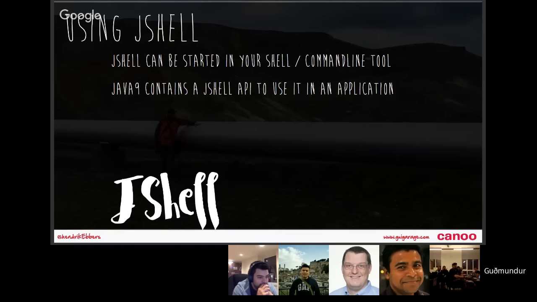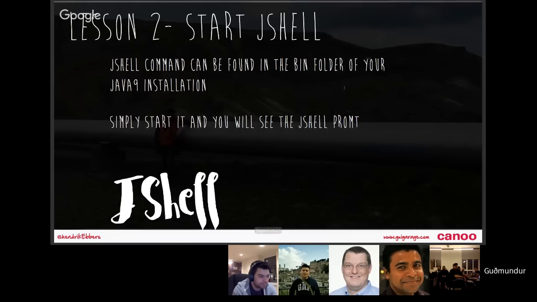Now we want to play with jshell and see what you can do with it. This is the second lesson today. As I said, the jshell command can be found in the bin folder of your Java 9 installation, and we simply want to start it.